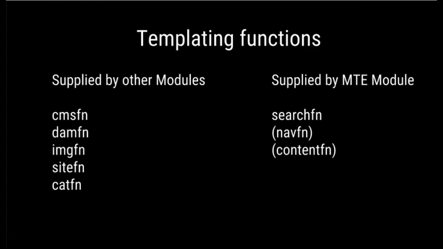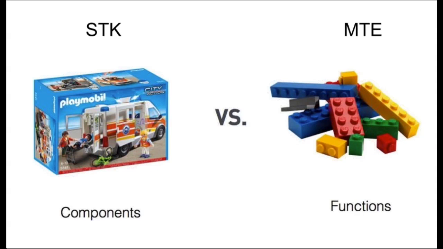And right now I want to tell you what the module is itself. So it is some templating functions, such as search FN that you can use in your templates, and it is a collection of models, as you're familiar from Magnolia Templating. These are the main things.